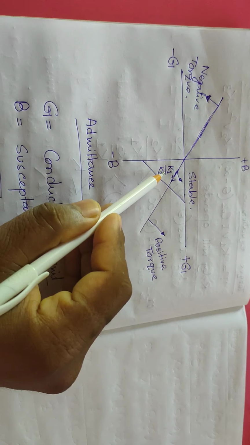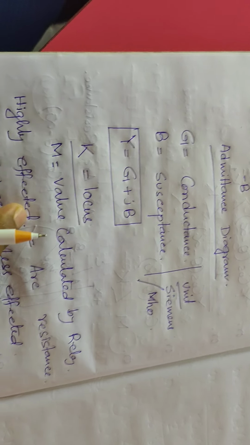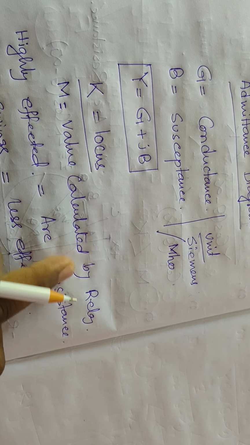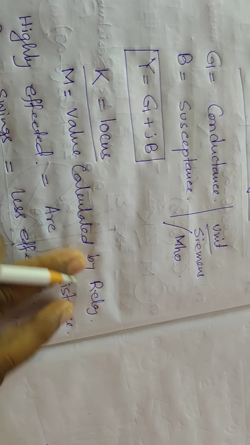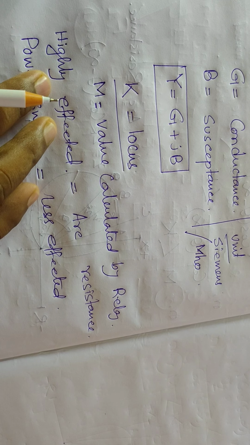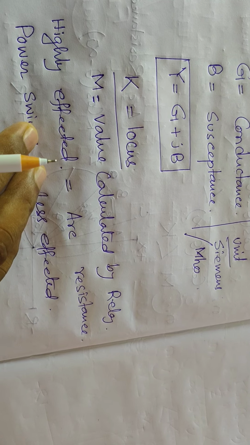Within the locus, if the value is within the range, then the Mho relay will operate. K is the locus and M is the value calculated by the relay when the fault occurs.